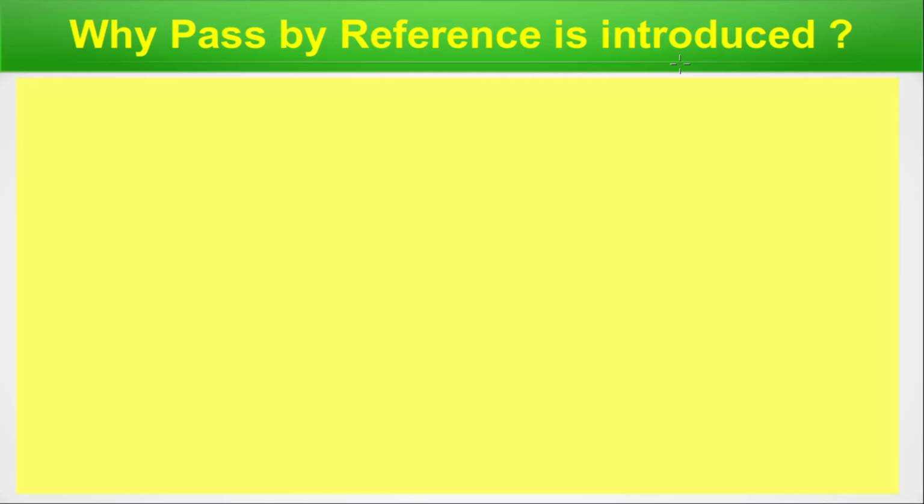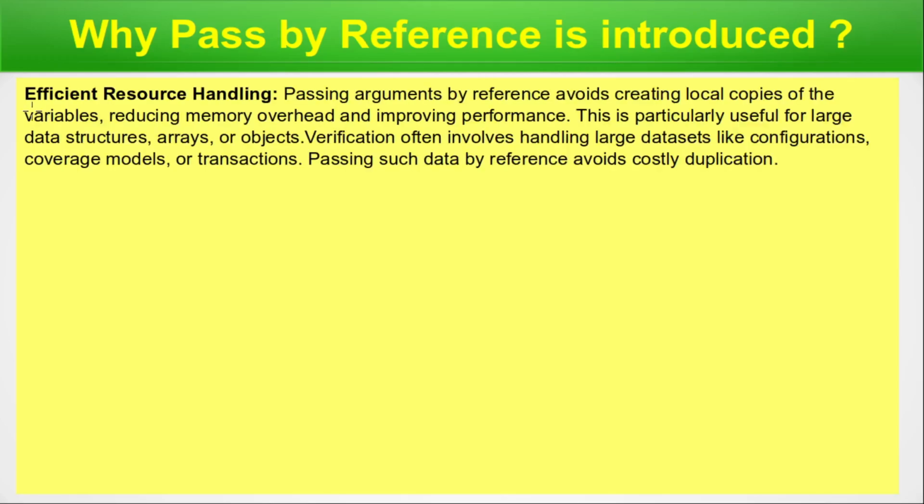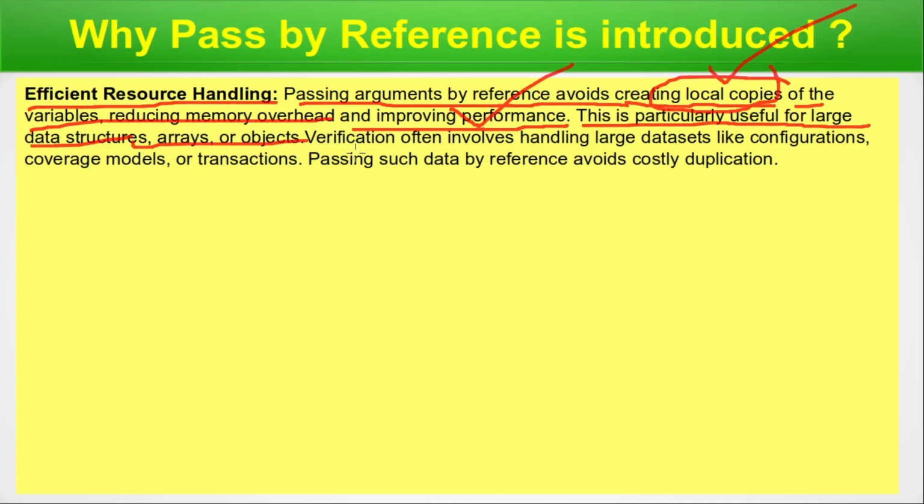Now here are some points that we are going to discuss. Efficient resource handling: passing arguments by reference avoids creating local copies. That means we are dealing with less RAM for the variables, reducing memory overhead and improving performance. Performance means the speed of the execution. This is particularly useful for large data structures, arrays or objects.